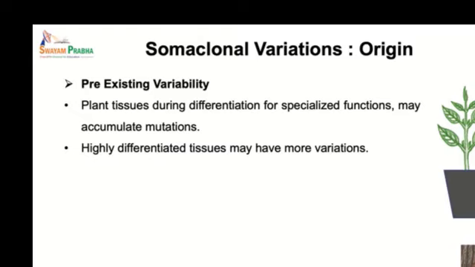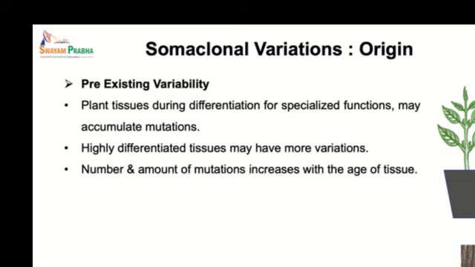And during the process of differentiation for specialized functions, these cells may accumulate more variations. It means highly differentiated tissues have more variations as compared to less differentiated tissues. The number and amount of variations increases with the age of tissues.